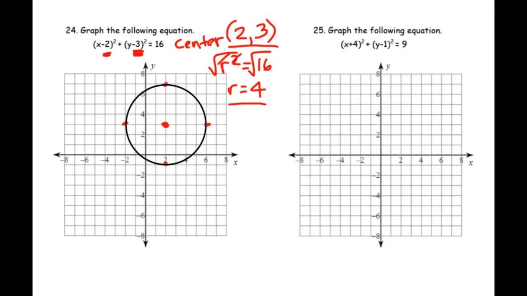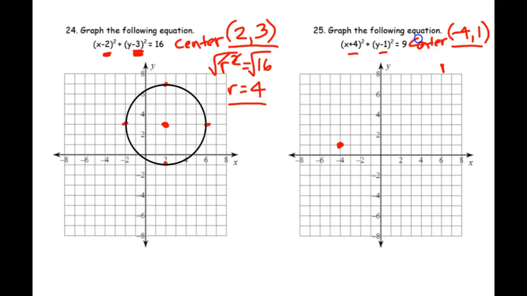And over here, same idea. Okay. So the center is going to be opposite of positive 4, opposite of negative 1. So negative 4, positive 1. Okay.